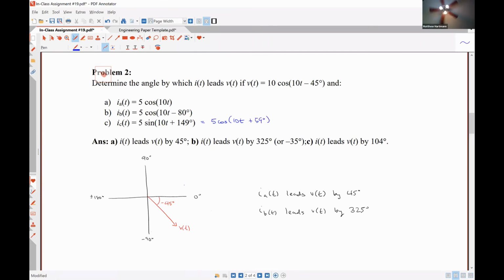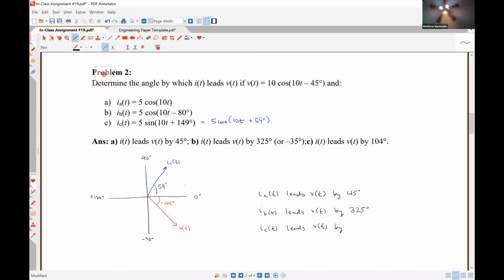And so 59 degrees will be aligned somewhere in our first quadrant. So I'm not going to do anything else. You guys should be able to tell me the angle by which I C of t leads V of t just based on this.